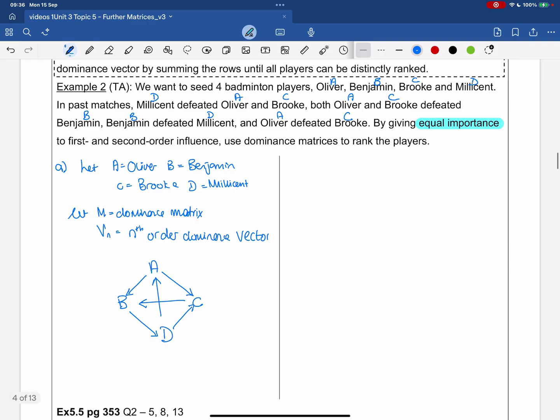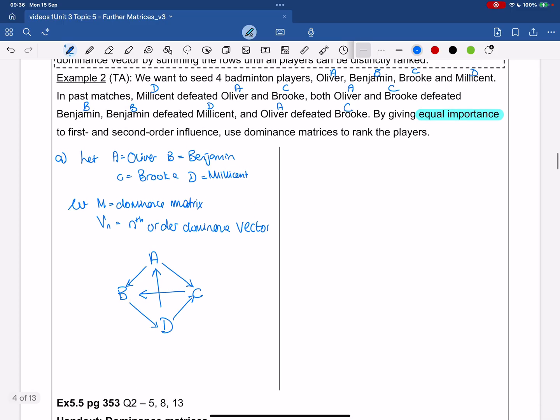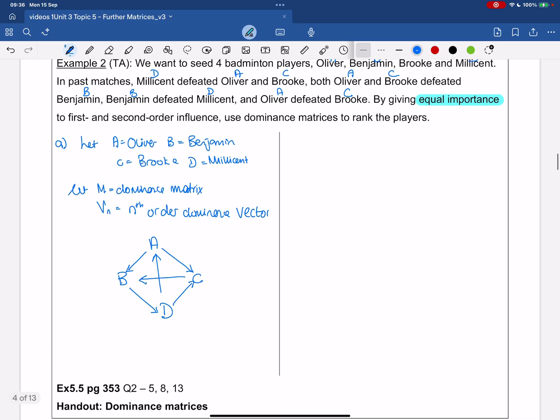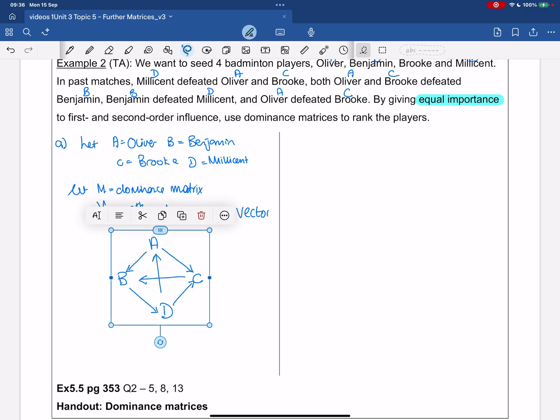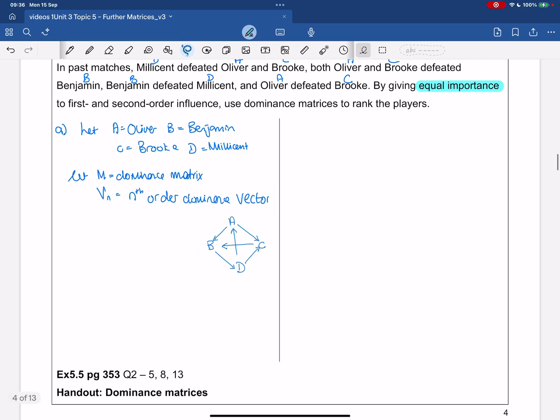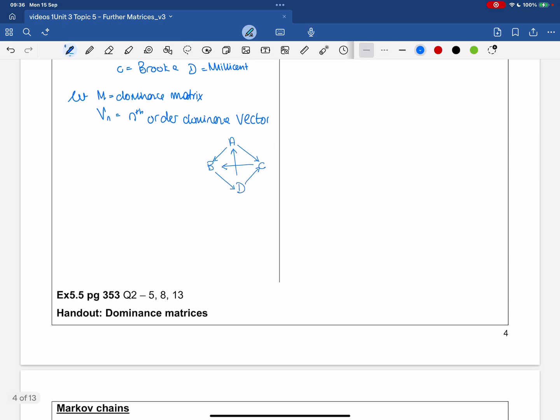And we need to set up our matrix. I think I'm going to run out of space. I think I'm going to make this a little bit smaller so that I can set up my dominance matrix over here. Otherwise I am going to run out of space.